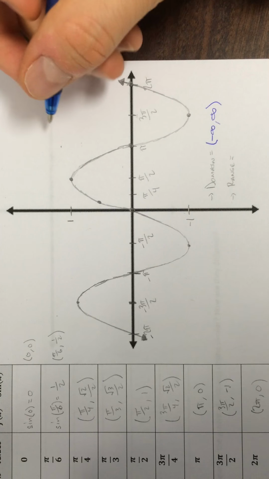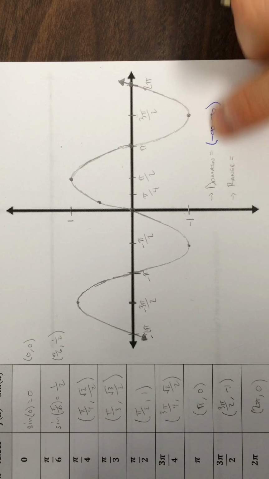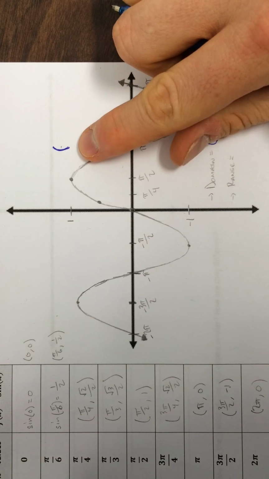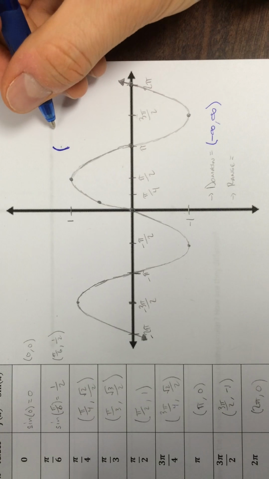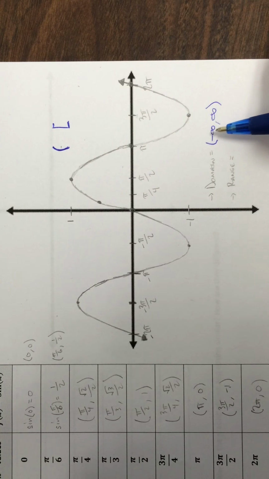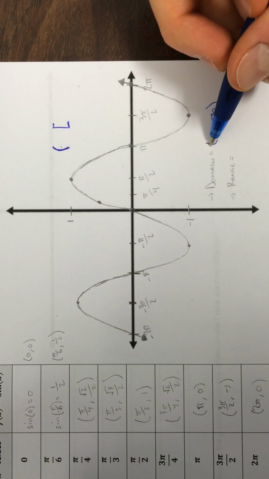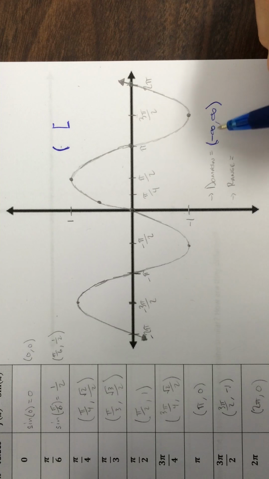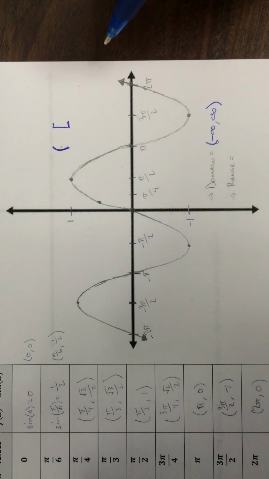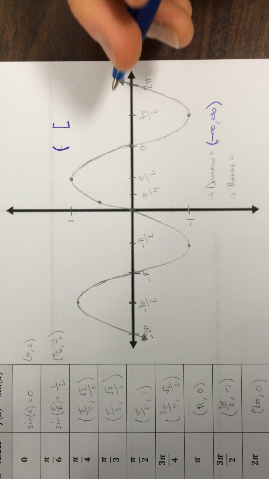Now, we're talking about brackets. A parenthesis means that we can go up to that value but never touch it. A bracket means we actually touch that value. So because we cannot touch infinity, we use a soft bracket here to denote our domain. And now our range is the values that y can take.